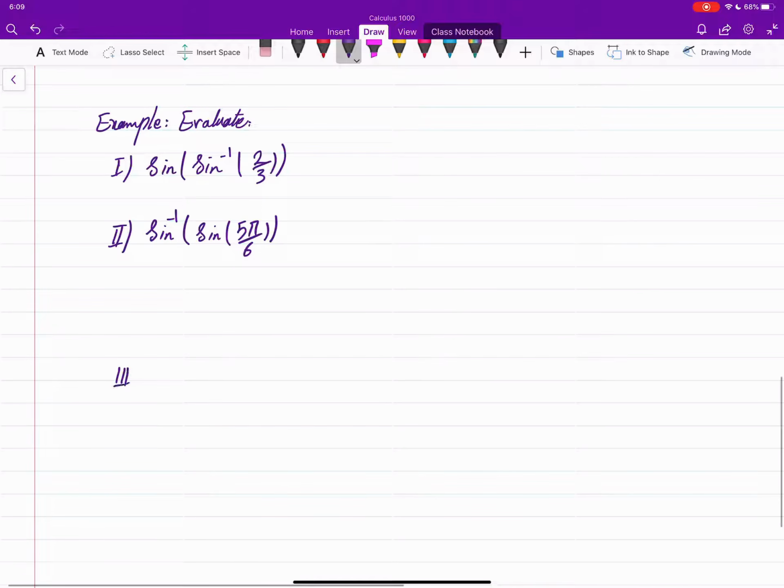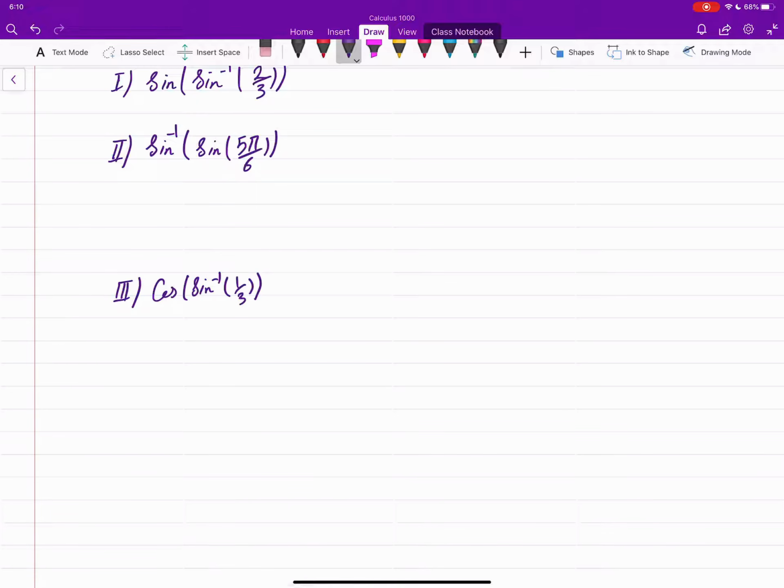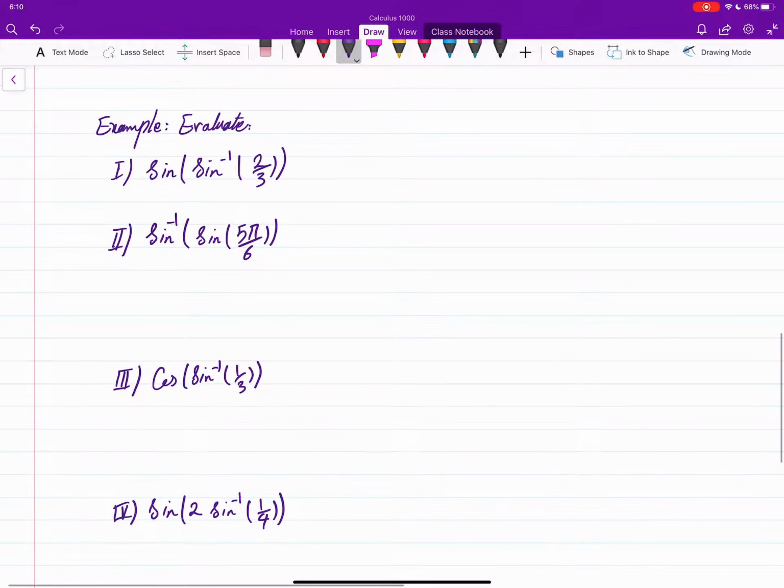And what about cosine of sine inverse of 1/3? Or for example, what about sine of 2 sine inverse of 1/4, and so on. So you can ask these kinds of questions.